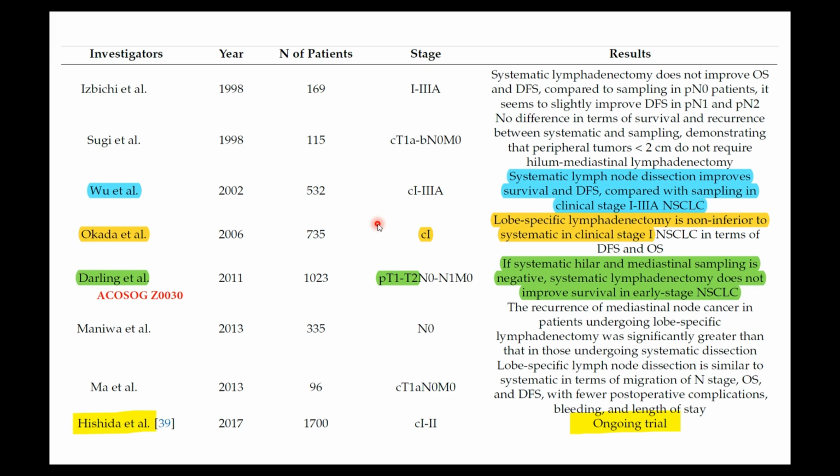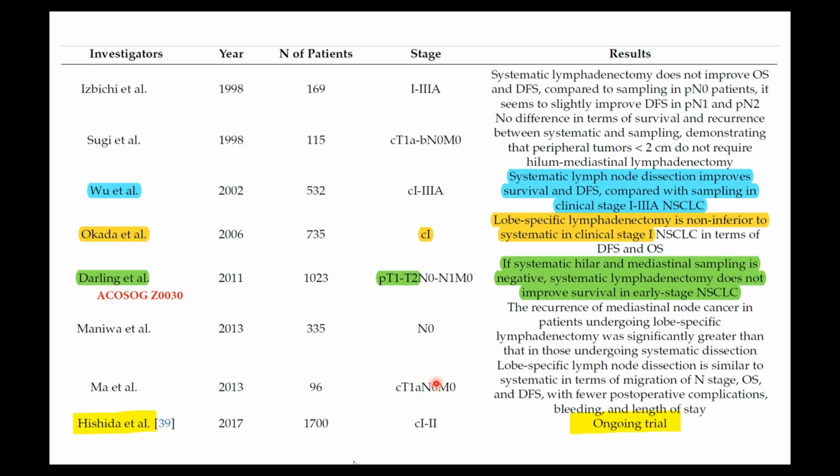So, a basic summary of the evidence that's available. Lobe-specific lymphadenectomy is non-inferior to systematic dissection only in stage 1 tumors, very early tumors. Darling and allies is the ACOSOG Z0030: if systematic sampling is thoroughly done, and it does not show any metastatic lymph nodes, frozen negative, then mediastinal lymphadenectomy can be avoided in early stage tumors, T1 to T2, N0.